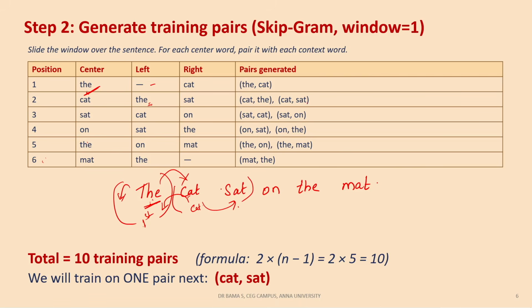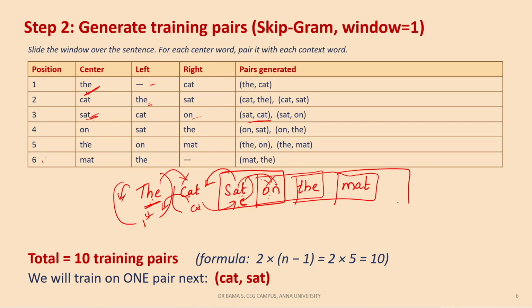Similarly, let me take one more example and then move on. Let us take the third window, sat on. If the center is sat, the left of it is going to be cat, the right is going to be on. So, there are 2 pairs generated, (sat, cat) and (sat, on), and it moves on to the next window and the next window.